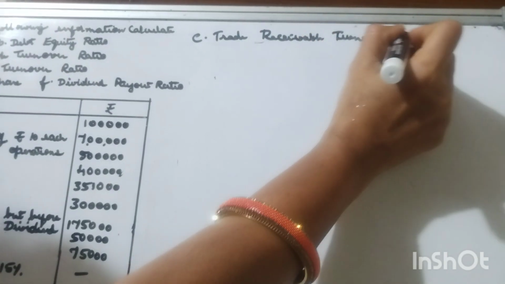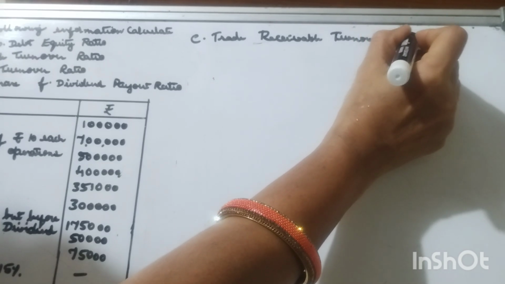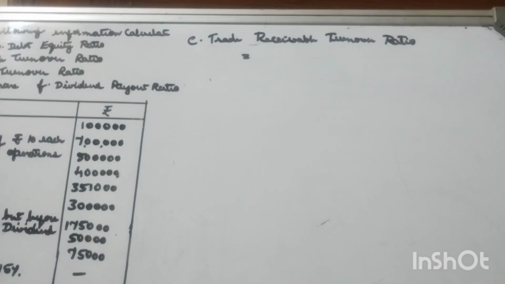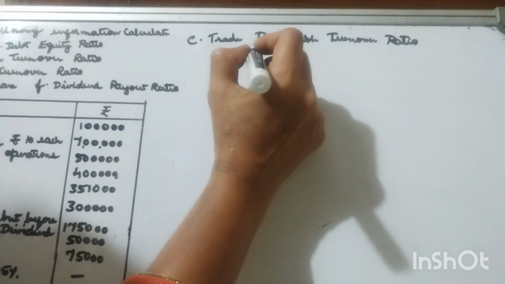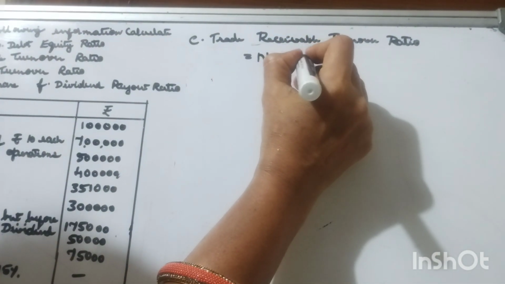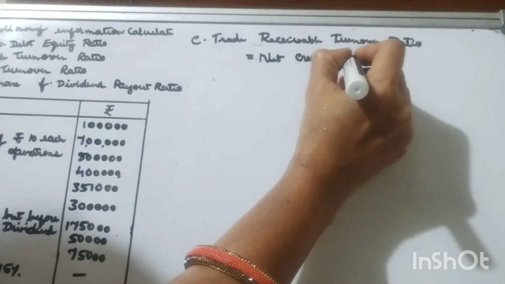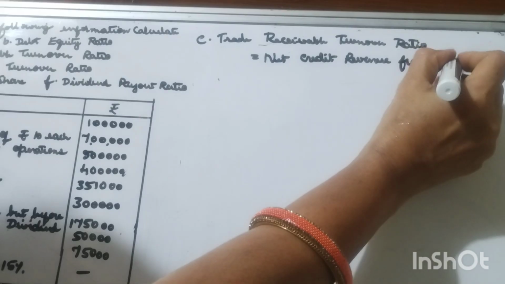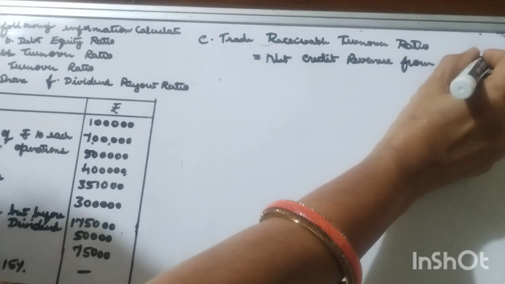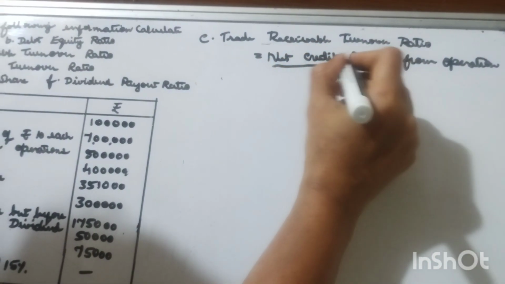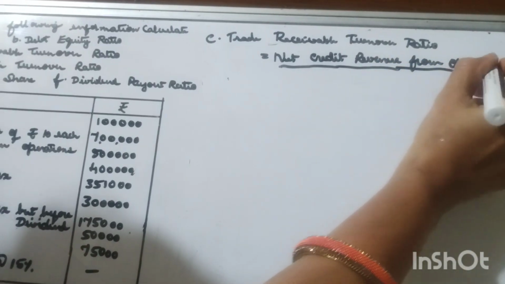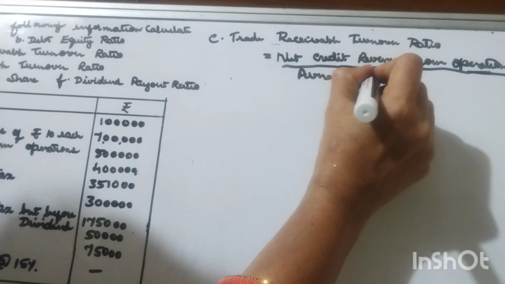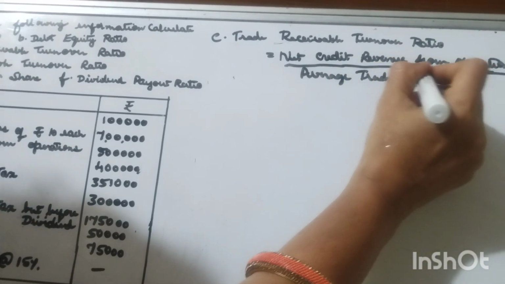The formula for the calculation of trade receivable turnover ratio will be net credit revenue from operations divided by average trade receivable.